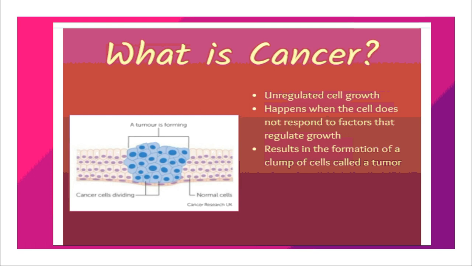And so we get a clump of cells that we call a tumor. You can see in the image here that the blue cells in the center represent a tumor forming, where again these abnormal cells are dividing out of control. They're just dividing and dividing uncontrollably.